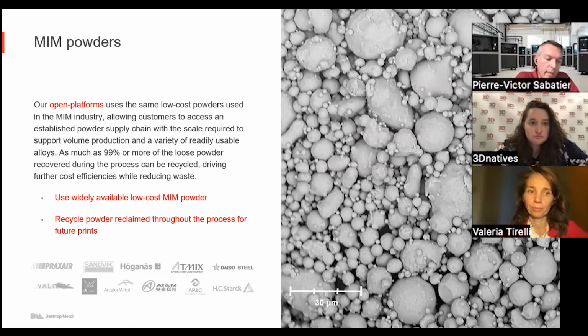And it's a big benefit, not only for the choice, we can propose a wide range of materials available on the market. You don't rely on Desktop Metal for the sourcing, for the supply of the powder. And the cost of those powders is obviously much lower thanks to the fact that it's not customized for systems.